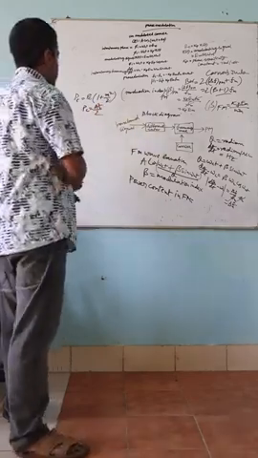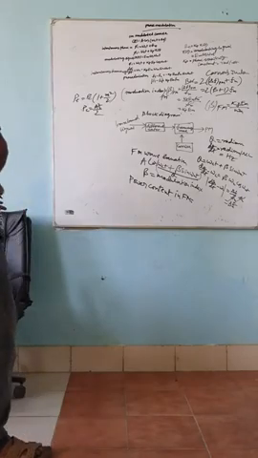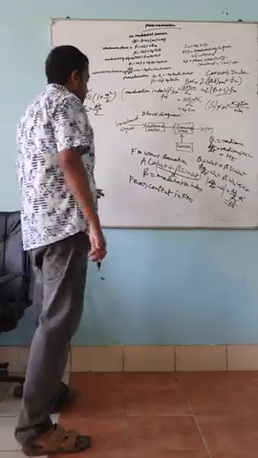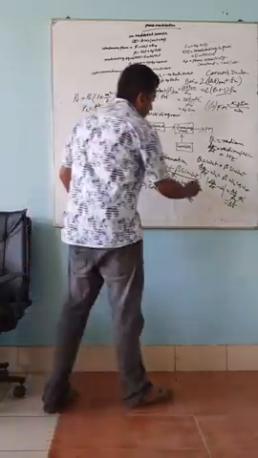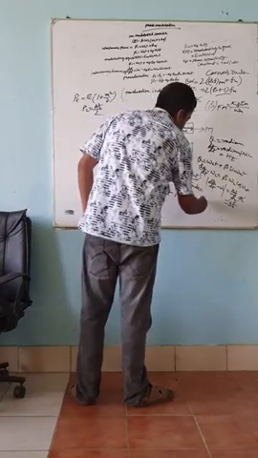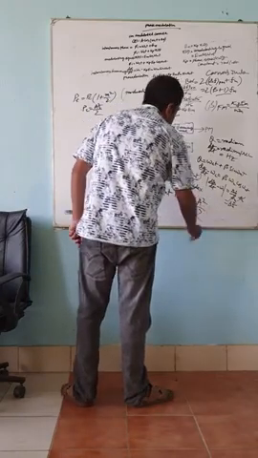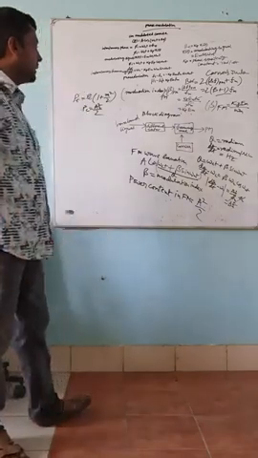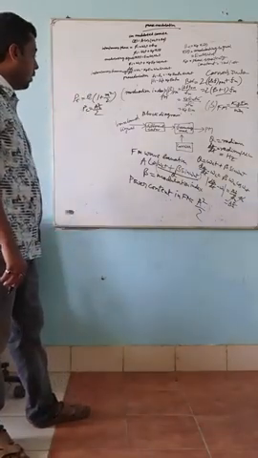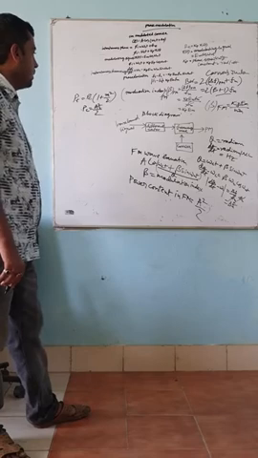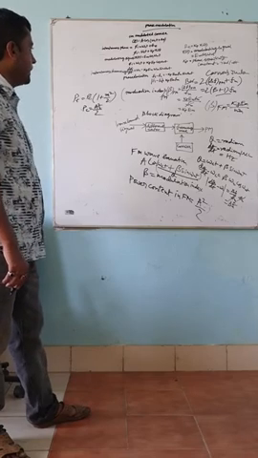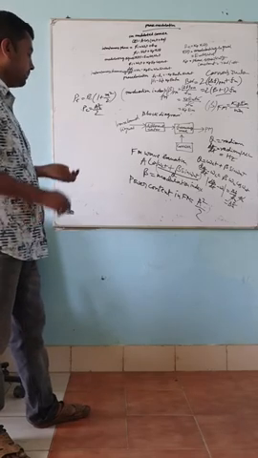But in case of FM, the power is independent of the modulation index. It is A square by 2 always.